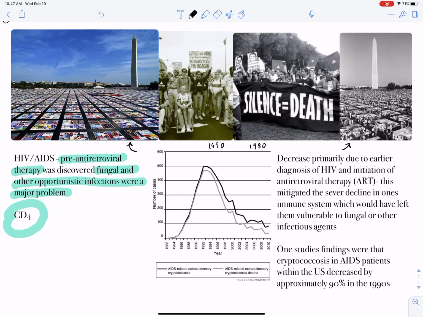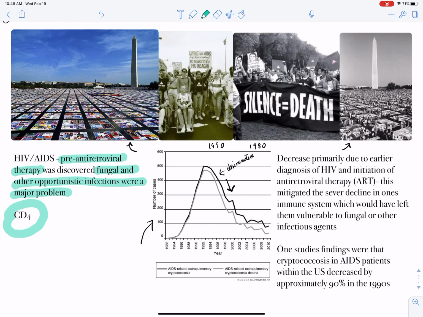We can see in this graph right here. So this is representing the AIDS-related, this is going to be disseminated again. And I apologize for my poor handwriting. Disseminated streptococcus. And as we can see, there is a marked decrease that we can observe.